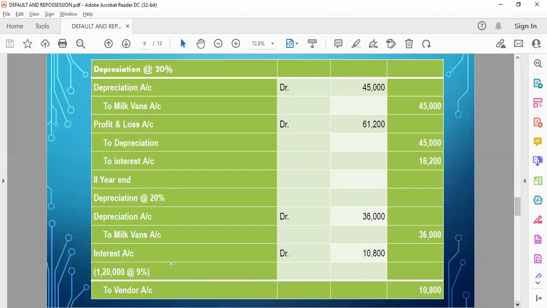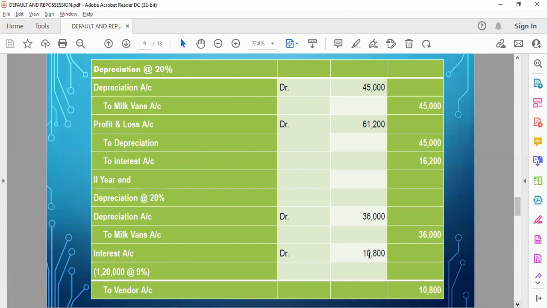For the remaining amount, 1,80,000 minus 60,000, that is 1,20,000, we should calculate 9% interest. 1,20,000 into 9 by 100, you get 10,800.